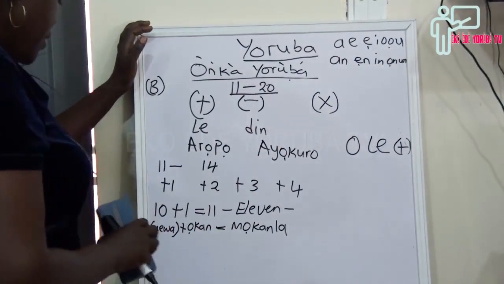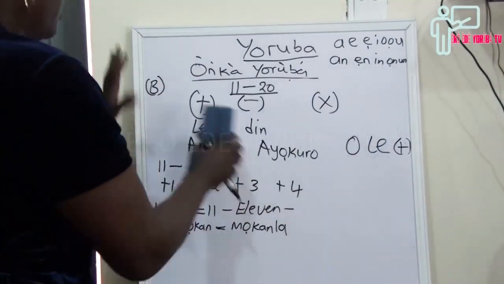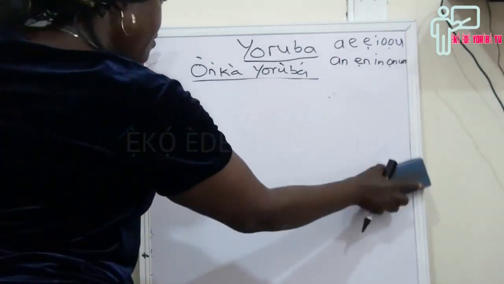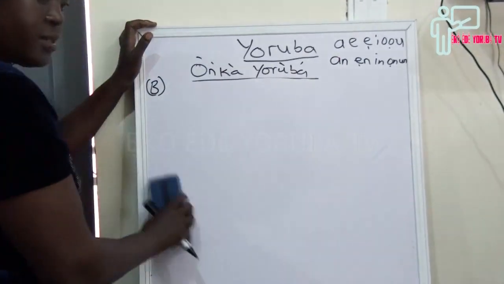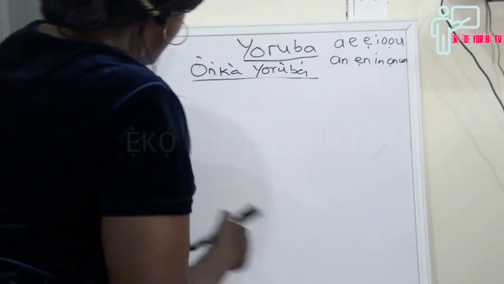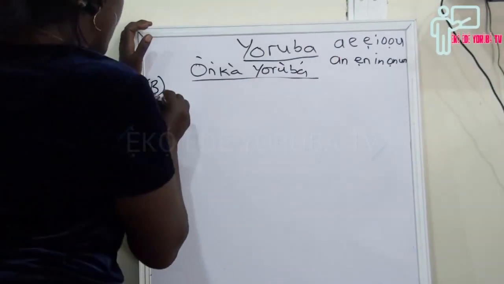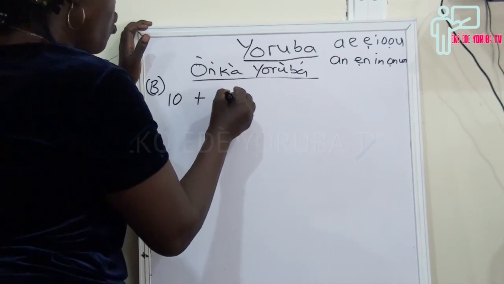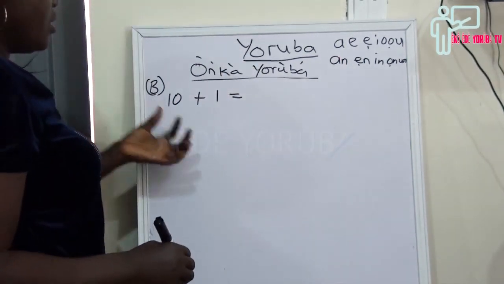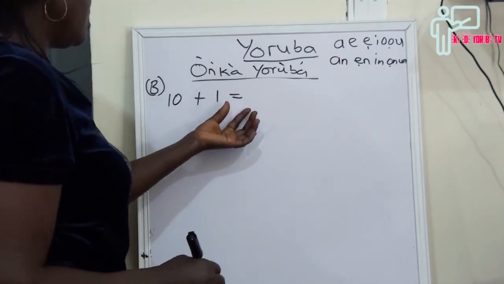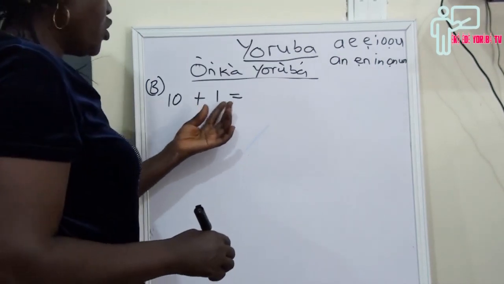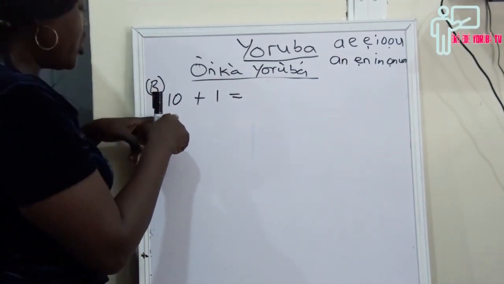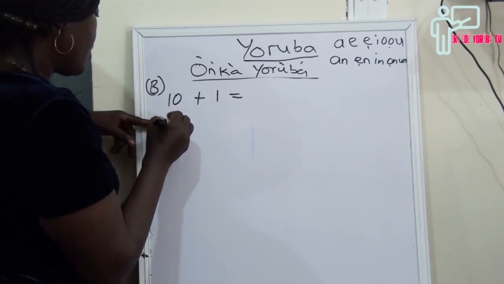So look at it now. I want to rub it so that I'll be able to explain more on this, and start from that place because it needs more explanation. So this one is 10 plus 1. I've said that this one is 10, which is mẹ́wàá.